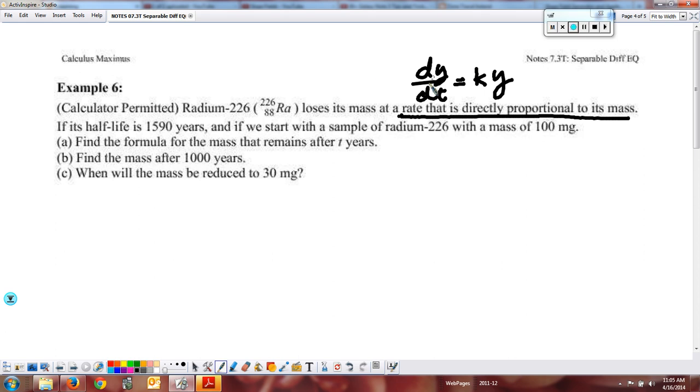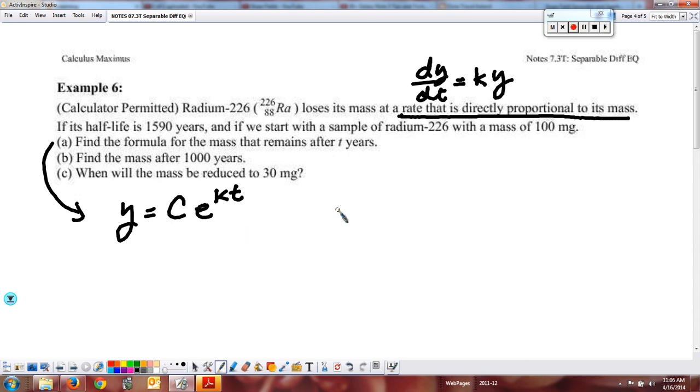So we pretty much know that in solving that our formula is going to be y equals c e to the kt. See, memorize, you don't have to do the whole solving the differential equation thing, because these are pretty standard.